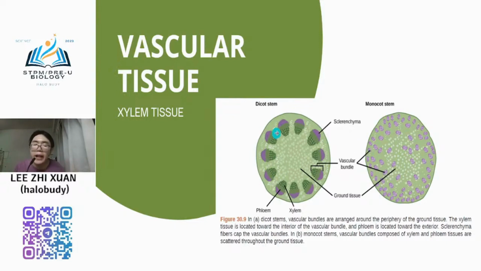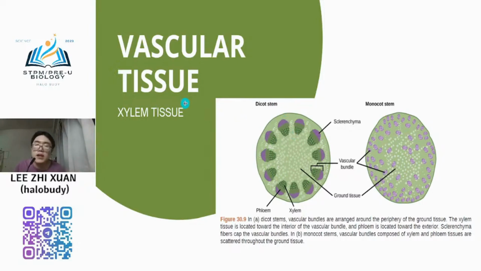But in plants, the system that is involved in transport is vascular tissue. So we know that there are two types of vascular tissue, right? One is xylem tissue and another one is phloem tissue. Both of them are involved in transport, but the function differs, as I mentioned before. Xylem tissue transports water and mineral ion, and phloem tissue transports organic nutrient.